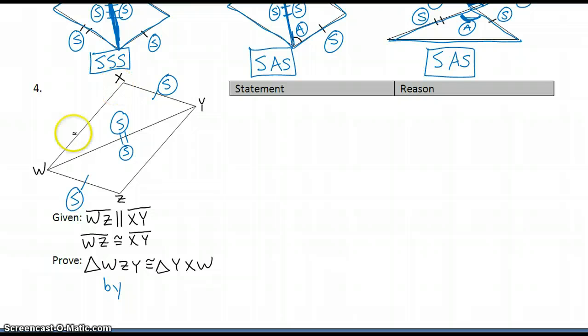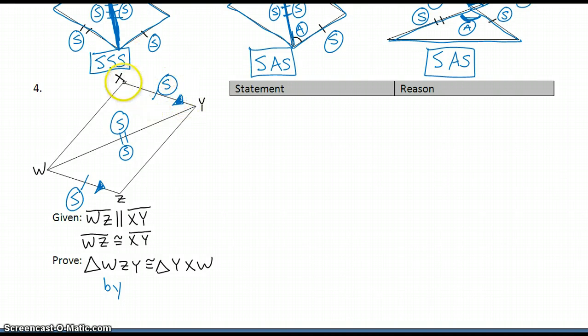Well, we don't know that XW is congruent to YZ. It looks like they're going to be, but we can't just say that they are for our proof. Instead, we need to go to our first given. We're told that WZ is parallel to XY.